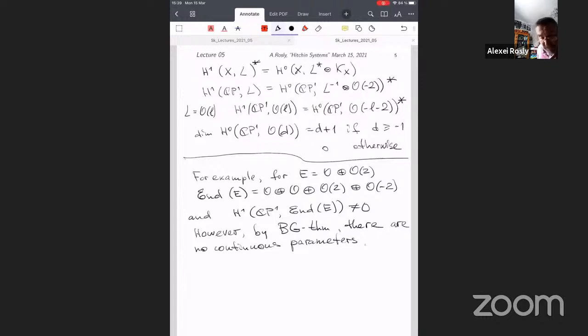And this is an example where not any infinitesimal deformation can be extended to a finite one. So I don't write the words here. This was the example. Okay.